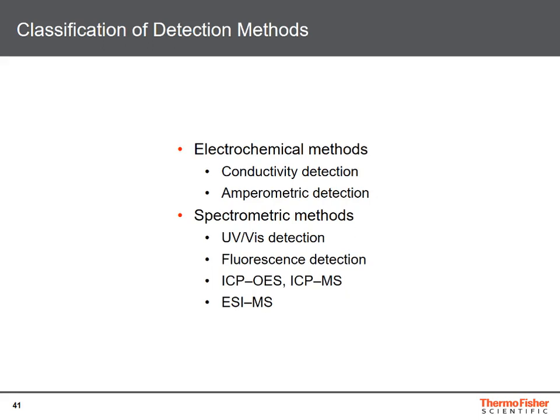As you see from this slide, we are differentiating between two different groups of detection methods: the electrochemical methods, usually conductivity or amperometry, and the second group of spectrometric methods comprising of UV-vis detection, fluorescence detection, or the hyphenation of ion chromatography with element-specific detection in form of ICP, or straight with electrospray ionization mass spectrometry.